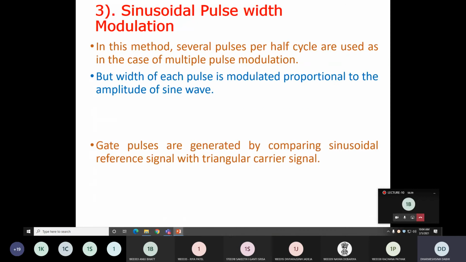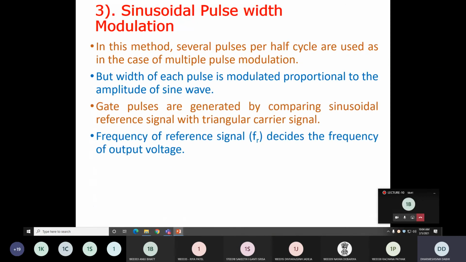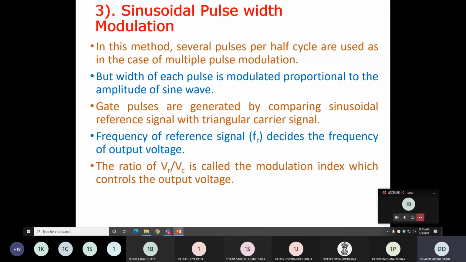Again, the frequency of the carrier signal decides the frequency of the output voltage. Suppose the frequency of the sine wave, which is the reference signal here, is 50 Hz. Then your output voltage frequency is also 50 Hz. The ratio of the peak of the reference signal to the peak of the carrier signal VC is called the modulation index.